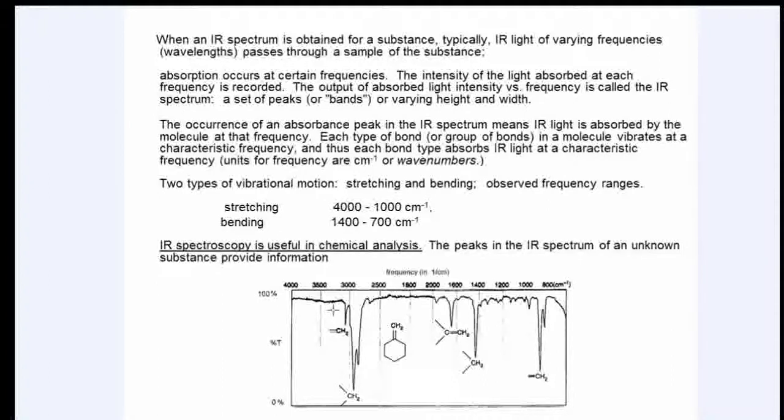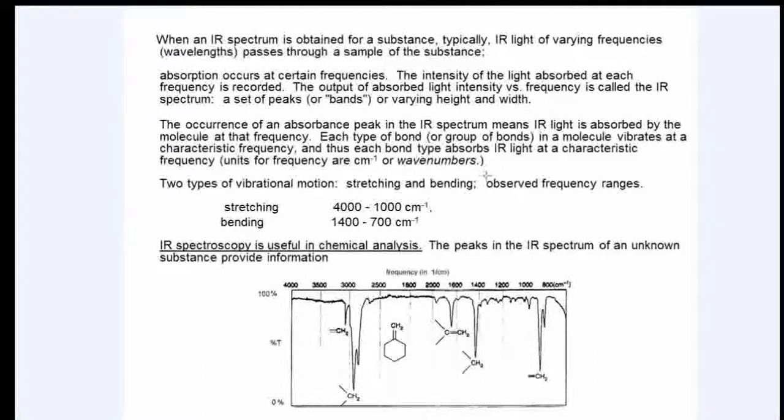Now, when I indicated that the frequency for each peak appearing in an IR spectrum is indicated, the frequency unit that is used is not the typical frequency unit that we normally use. Frequency is normally in hertz, which means cycles per second. But in IR spectroscopy, instead of using cycles per second, that is hertz, we use a quantity that's directly proportional to frequency, and it's called wave numbers.